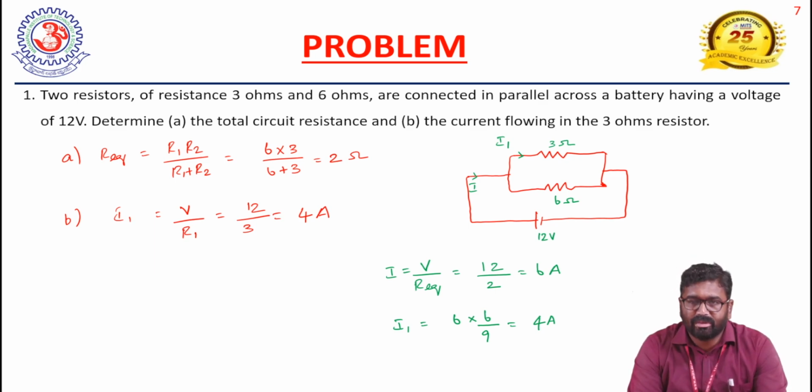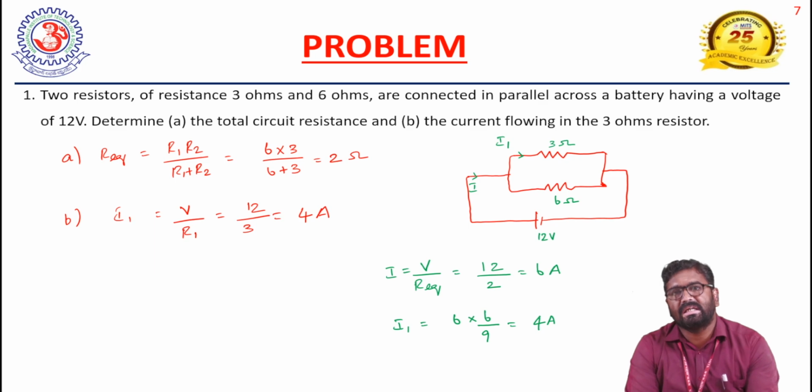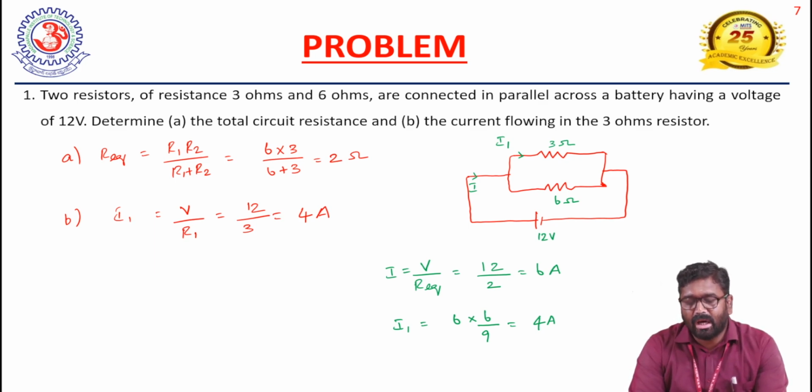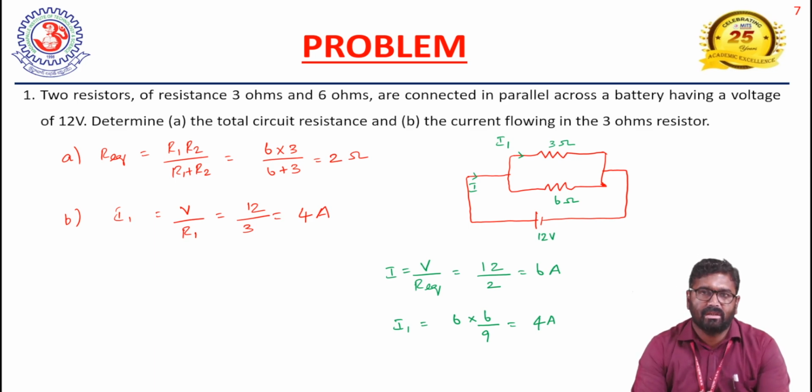If you find the I1 path only, the I1 current in the given circuit, I1 is equal to I into R2 divided by R1 plus R2. If you apply that formula here, I1 is equal to 6 into 6 divided by 3 plus 6, so you get 9. Simplifying that, you get 4 ampere. From this we can conclude how a parallel circuit can be solved.